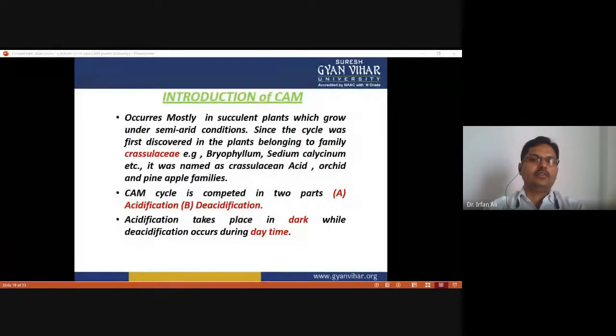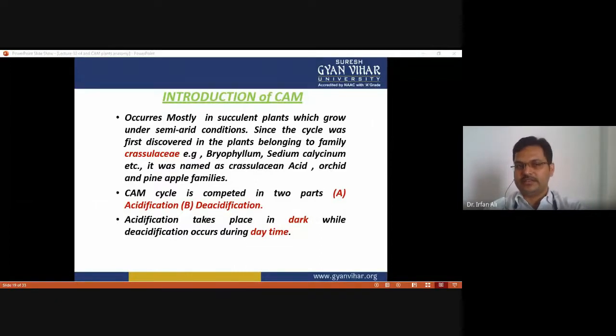Now we have to discuss some characteristic features of the CAM plant in more detail. CAM is called crassulacean acid metabolism. The CAM pathway occurs mostly in succulent plants, the plants found in the desert or semi-arid region, like pineapple and cactus.